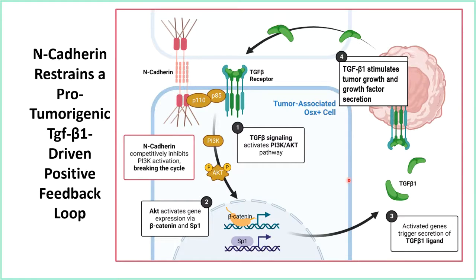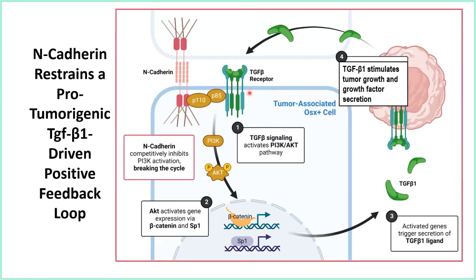So here is schematized how that may work. This is tumor-associated osteogenic cells. This is tumor cells. This is N-cadherin in its conformation as a cell adhesion molecule. So we know that TGF-β signaling activates the PI3 kinase and AKT.